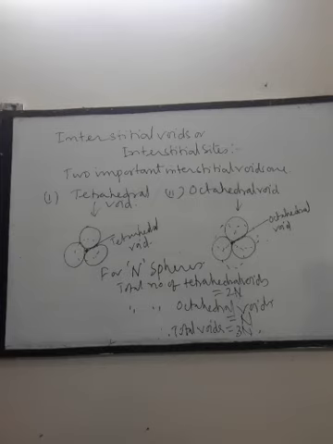So the total number of voids: tetrahedral 20, octahedral 10, so total 30. So if n spheres are involved, tetrahedral voids are twice n, octahedral voids the same number n, and total voids equal thrice n.